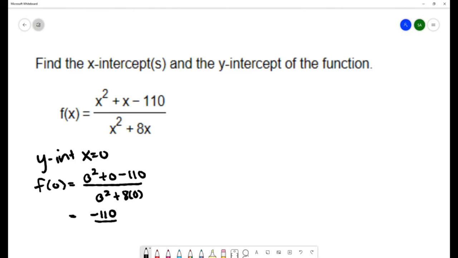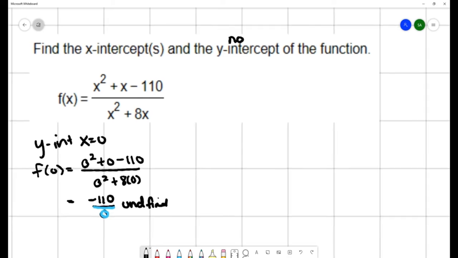And in the denominator, I have 0 squared plus 8 times 0, and that will give me a 0 in the denominator. Now, when you have a 0 in the denominator, this is dividing by 0, and that is an operation that is undefined. So because it's undefined, we know that there is no y-intercept. So there will be no y-intercept for this function.